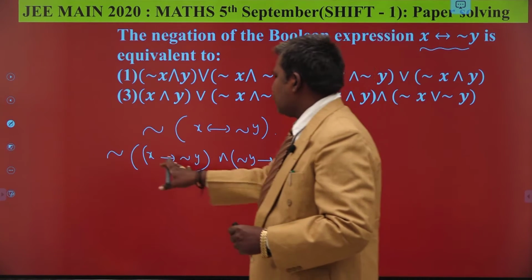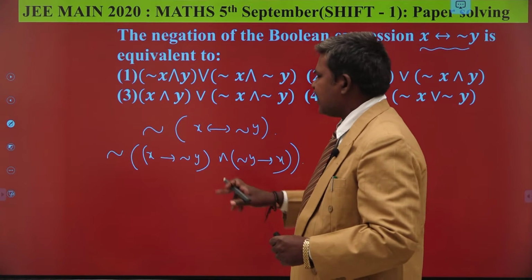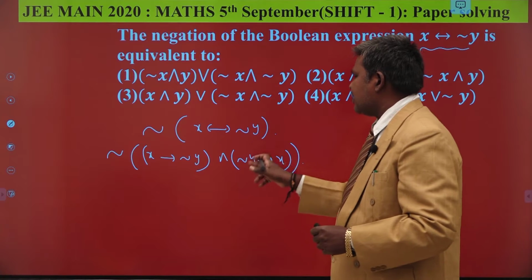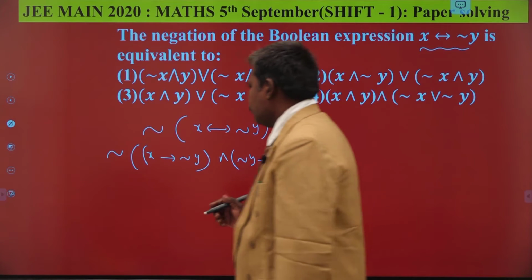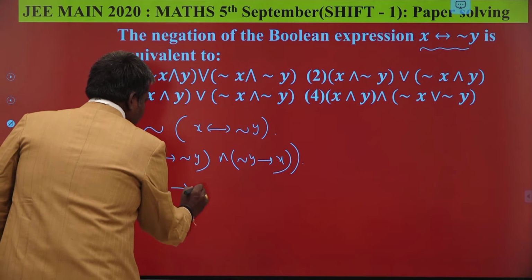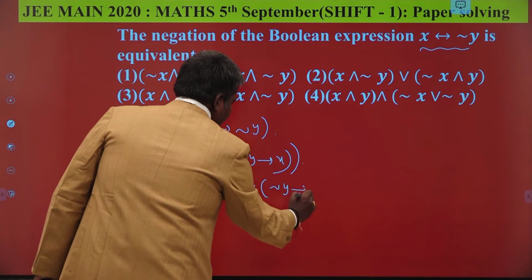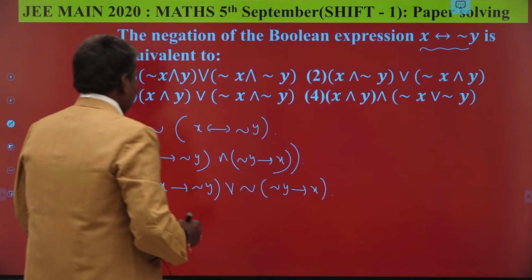Now I am going to apply the formula for negation of A intersection B. Negation of A intersection B means negation of A or negation of B. That means negation of x implies negation of y, or negation of y implies x.